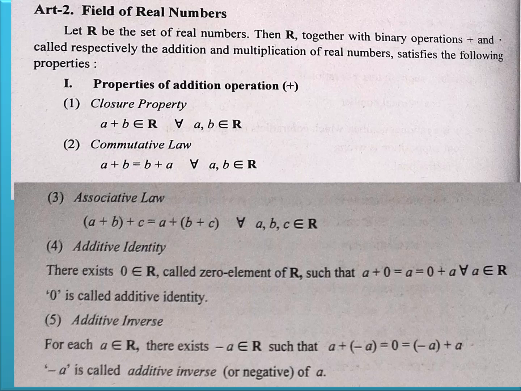So a number of this form is called a rational number. Set of rational numbers is denoted by capital Q.